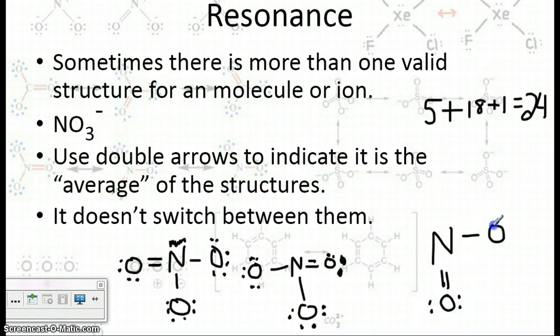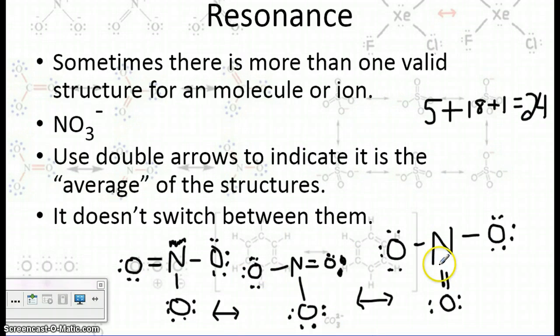Basically the moral of the story is we have no way of knowing where that bond is. So to indicate that, we use these little symbols in between. It's a double-headed arrow that goes like that, and that indicates that there are resonance structures. These are all the same structures, but they're just modeled in a different way.